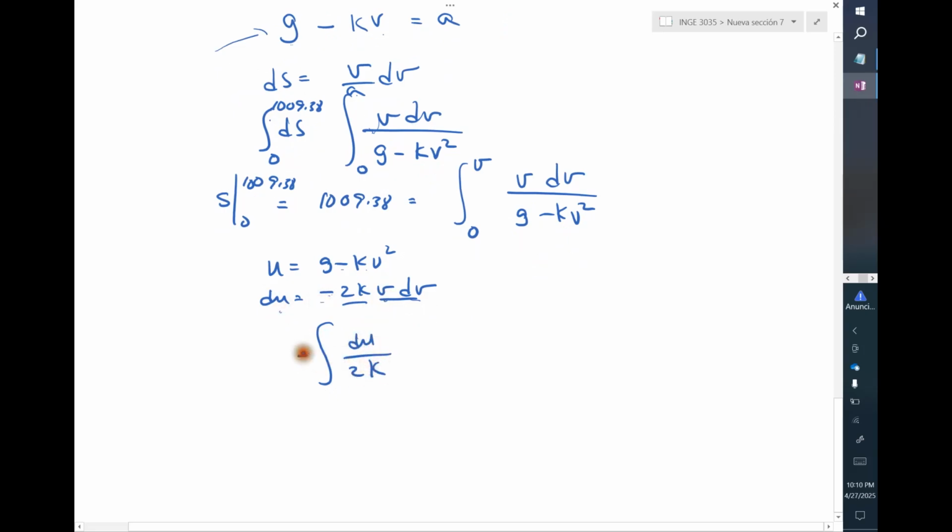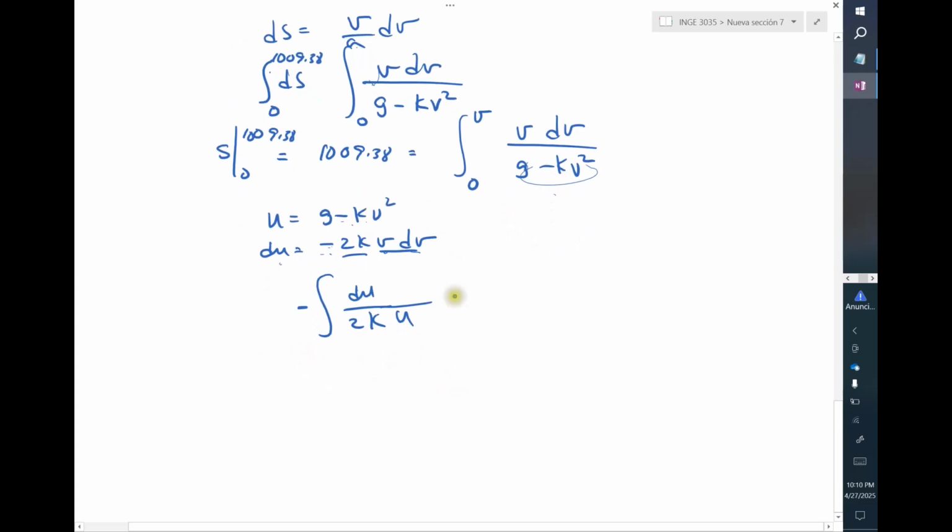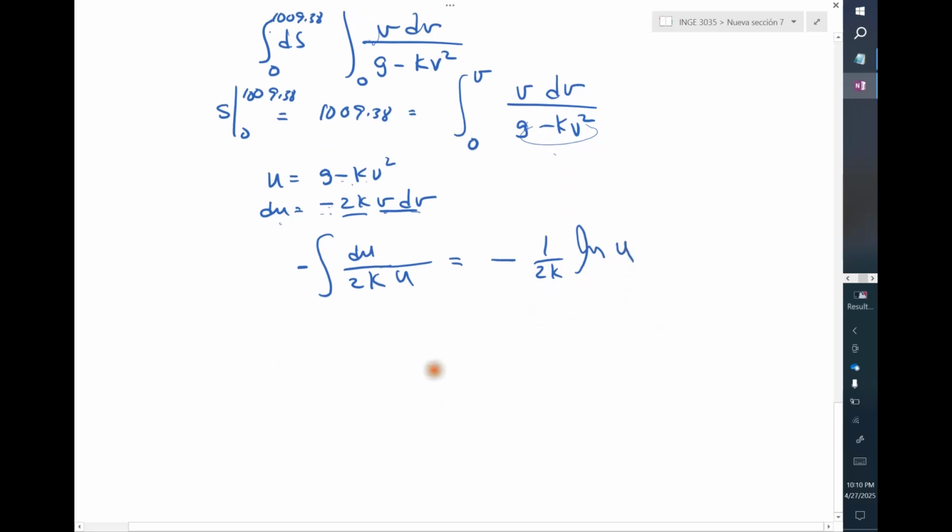Don't forget the negative right here. Now, what is u? u is this definition. So we end up with basically the same integral equation as last time, except there's a negative here: 1 over 2k times the log of u.